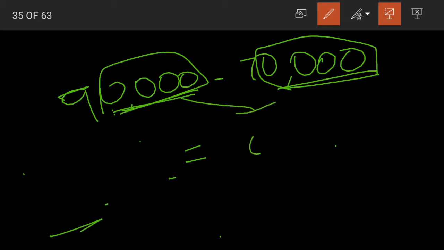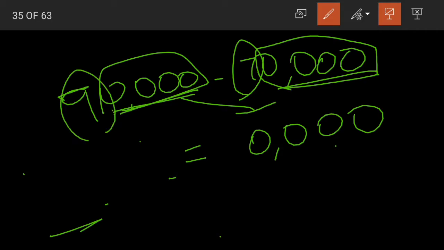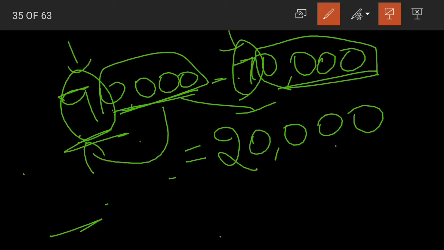So even in the answer we'll have 4 zeros and before zeros we are having 9 minus 7, 2. Now here in the question 9 and 7 are before zeros. So even 2 is written before zeros. Clear children? 90,000 minus 70,000 is equals to 20,000.